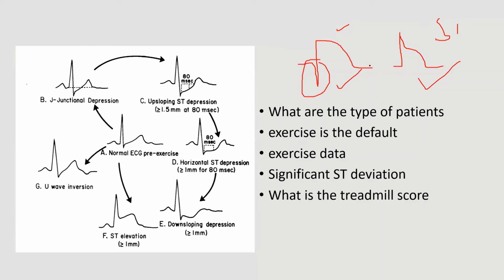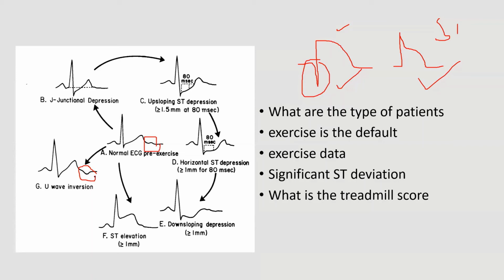Now, sometimes you can see Q wave, U wave. You see this one? This is a U wave. And if U wave gets inverted during exercise, that needs a lot of focus, because with the tachycardia, you fail to appreciate the U wave, let alone the inversion of them.